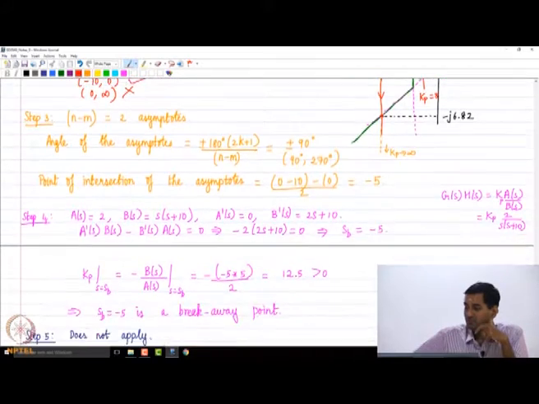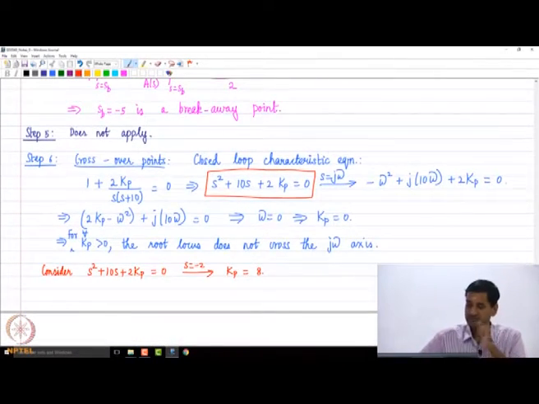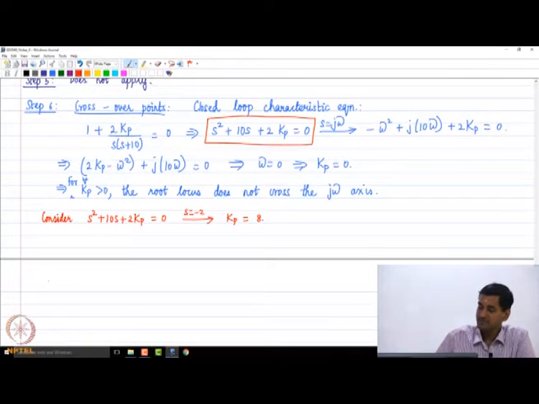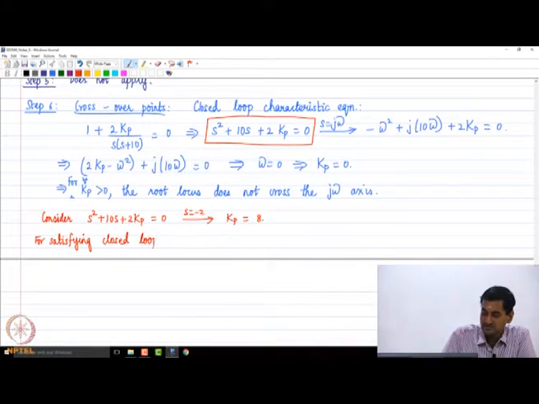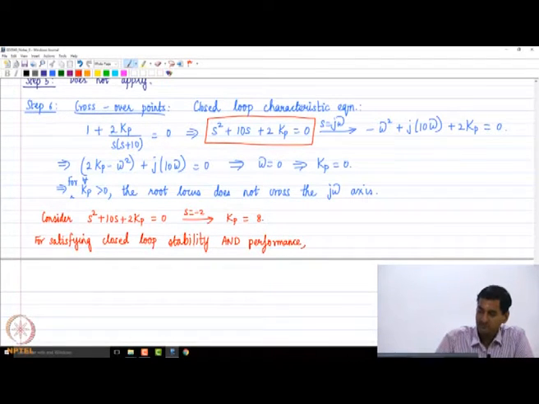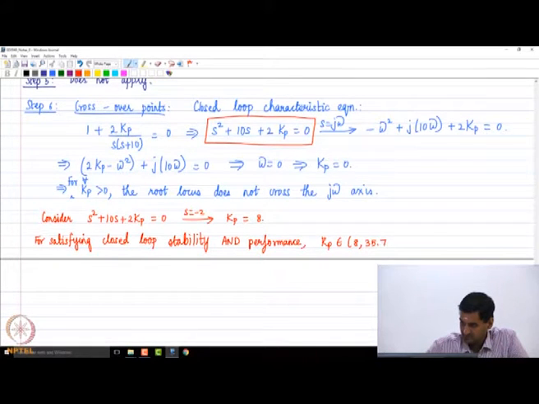So what I can conclude is that for satisfying closed loop stability and performance, Kp should be in the region between 8 and 35.76.